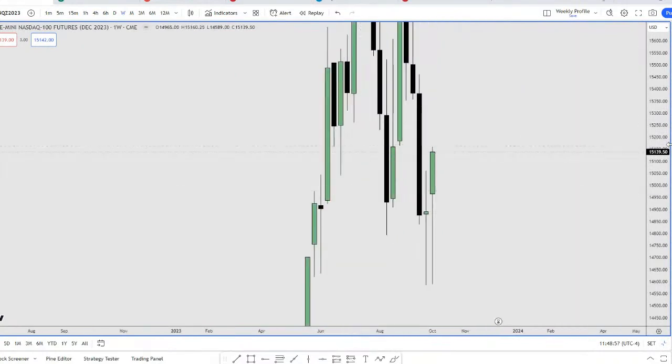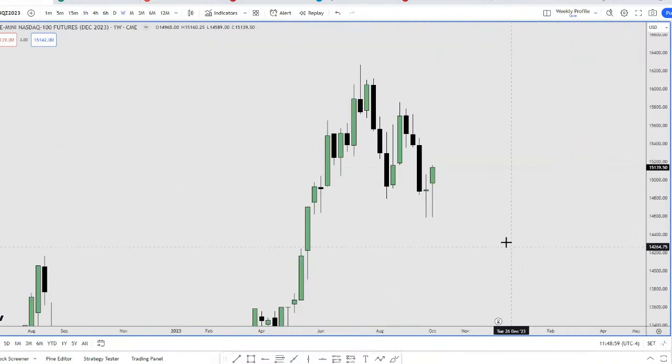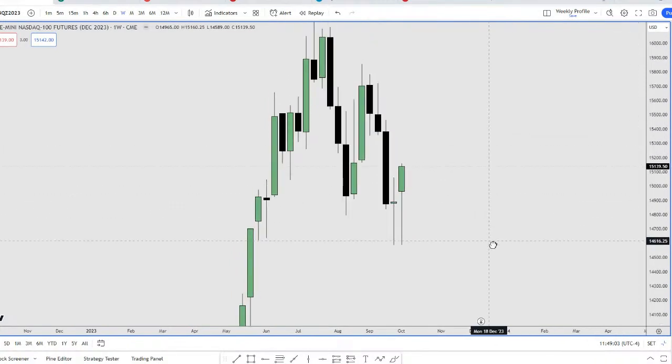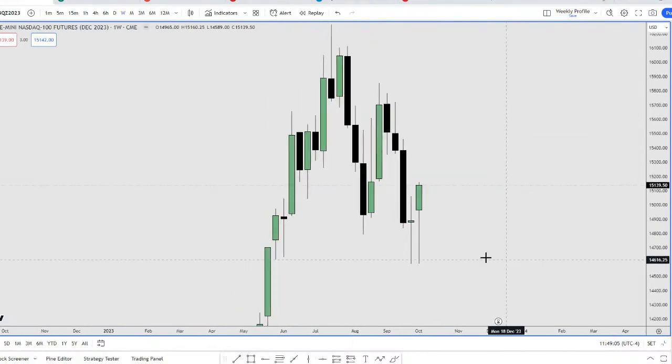Yes, so for Nasdaq here, what I really want to see is next week, the weekly candle for next week, I want to see displacement away from this CB right here. Why is that so? Because we have a candle closing inside this current CB.